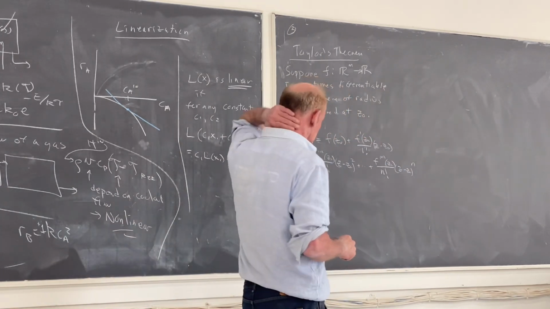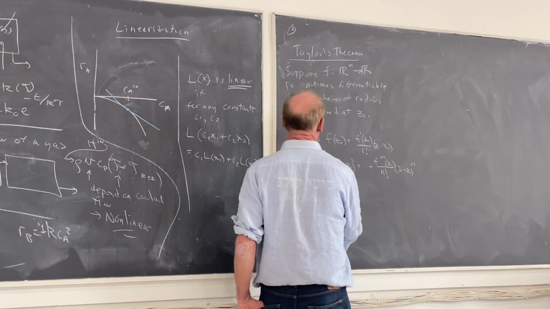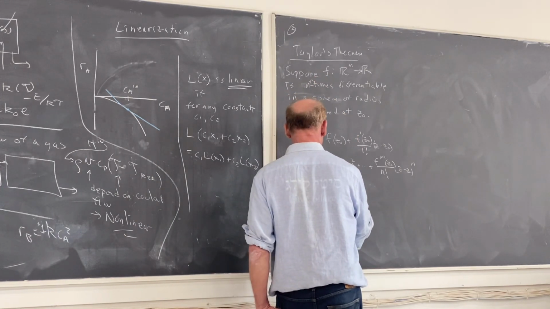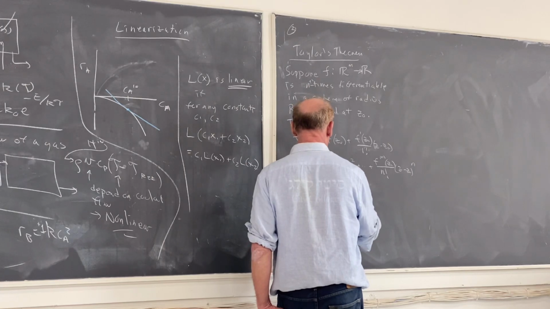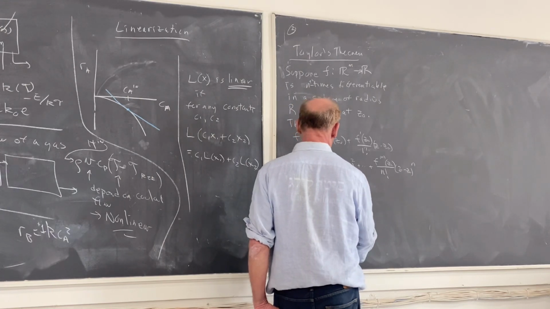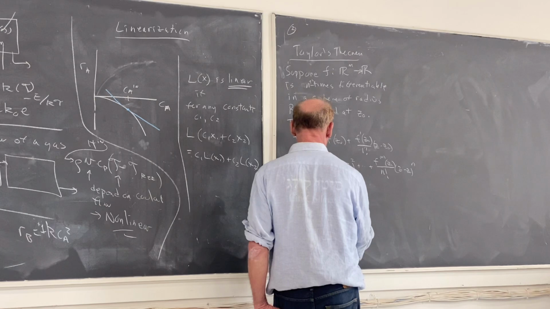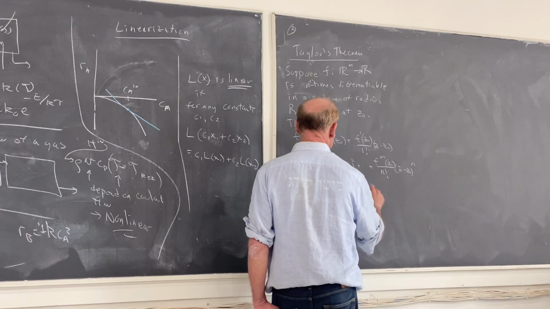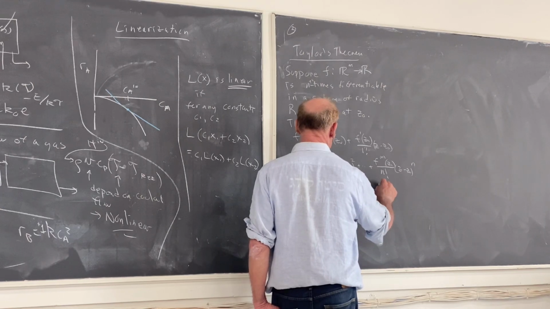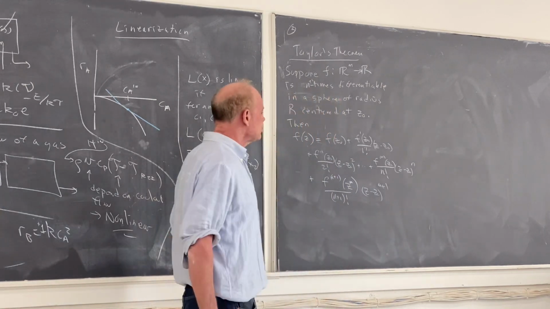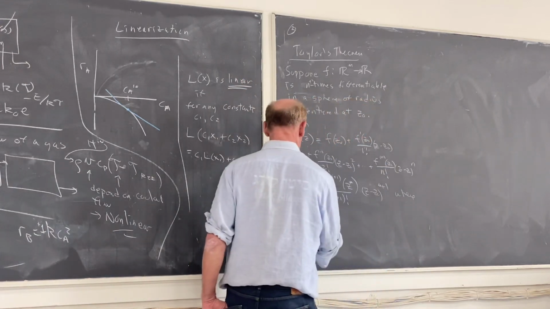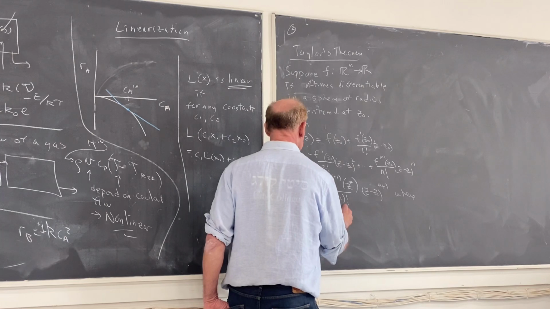So here I think I need n plus 1 times differentiable, plus f^(n+1) of some z star divided by (n plus 1) factorial times (z minus z0)^(n+1), where z star is some point in the sphere.